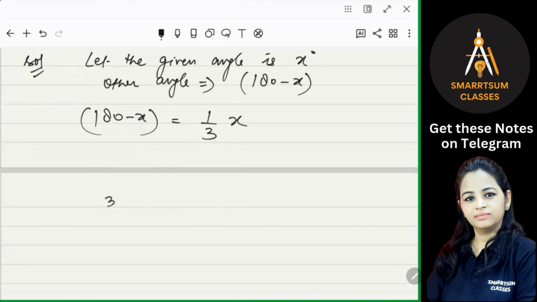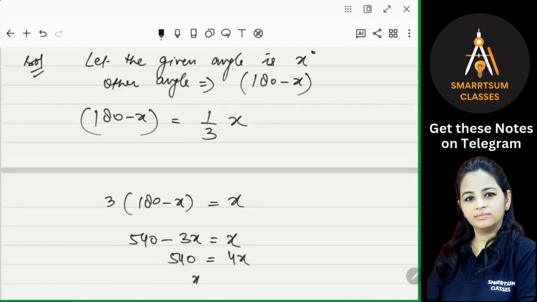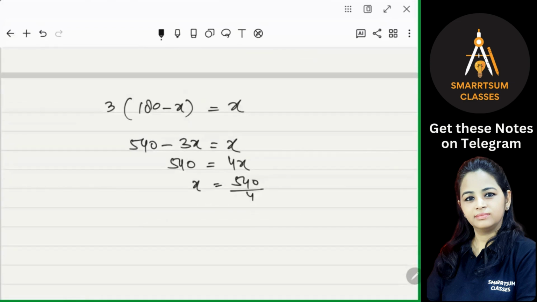So you can write it as 3 into 180 degrees minus x is equal to x. 3 into 180 is 540. 540 minus 3x is equal to x, right? 540 is equal to 4x, right? So x will be 540 divided by 4. 540 divided by 4 is 135, right?